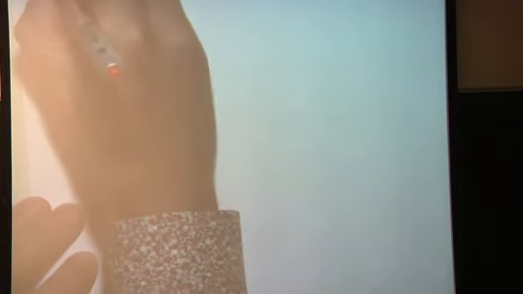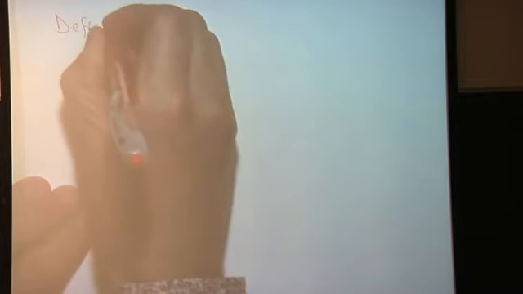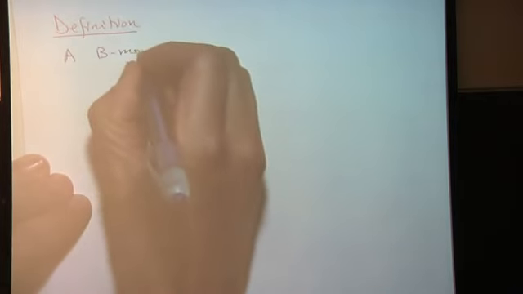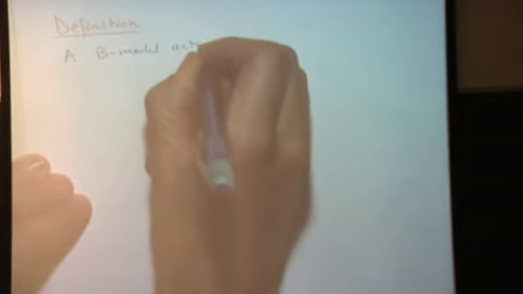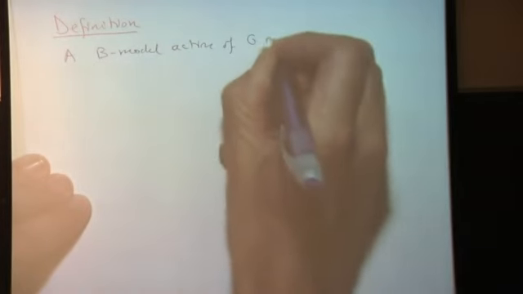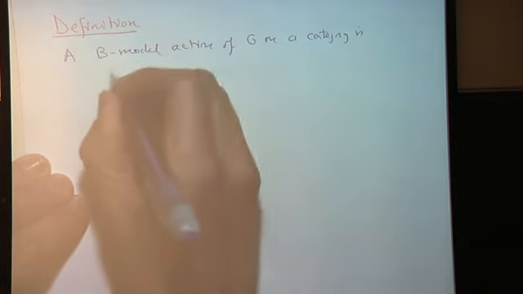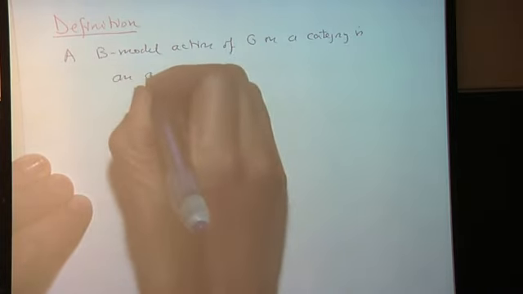So definition. Well, the B model action is the easy one. So a B model action of G on a category is an action as a group.